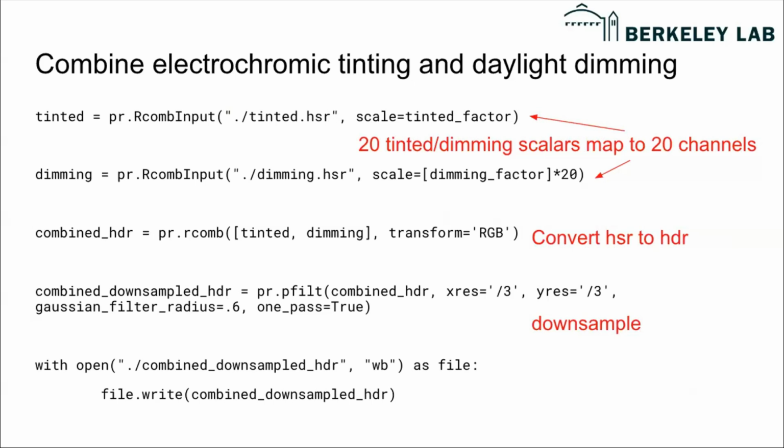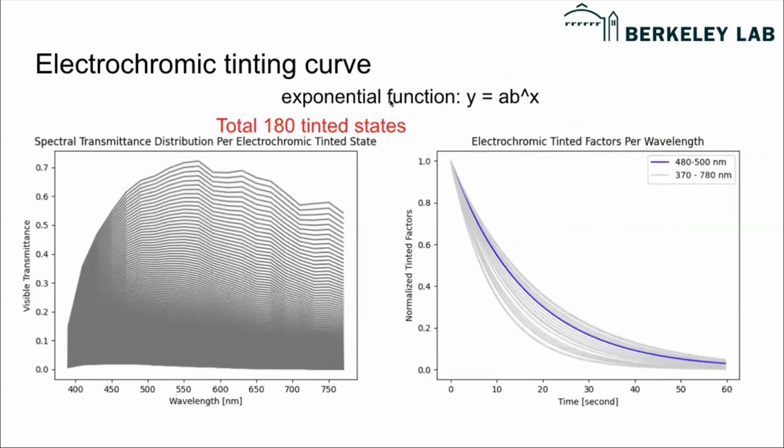So how do you do that in a script to combine the electrochromic tinting and daylight dimming? We'll be using RCOM to combine the two. First, you're going to build your RCOM input. We have that tinted HSR that we rendered, and then you apply the tinted factor from this curve.